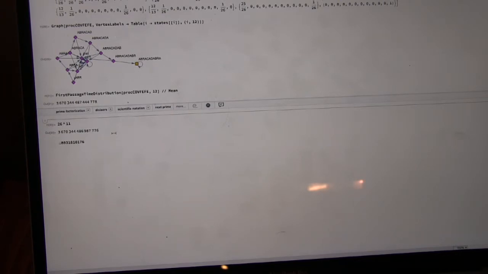The surprising thing is it's larger than 26 to the 11th, so this might be a good approximation if you're doing it for other numbers. It's a good approximation, but the difference is interesting. The prior entry minus this is about 500,000.